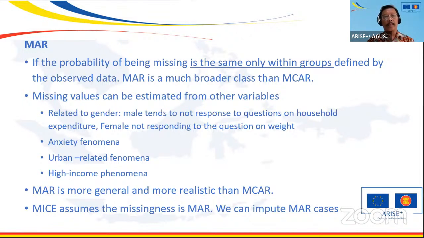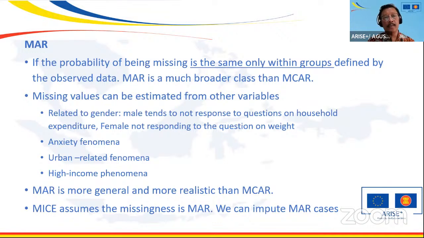The main difference is that in MAR, we can still rely on other variables to get the estimate of the true answer. Of course, we will not get the true answer, just the best guess.